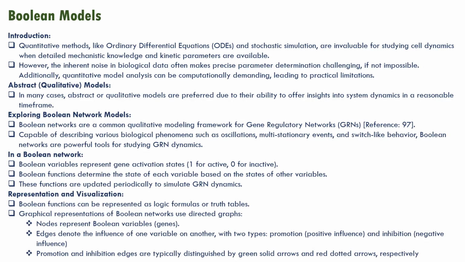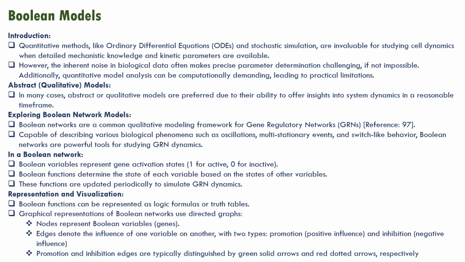These are preferred due to their ability to offer insights into system dynamics in a reasonable time frame, because there are not too many simulations you're doing. You're assuming a lot of things, including the 0 and 1 state. So it becomes much simpler to simulate networks like this and generate results, much simpler than ODEs and stochastic simulations.